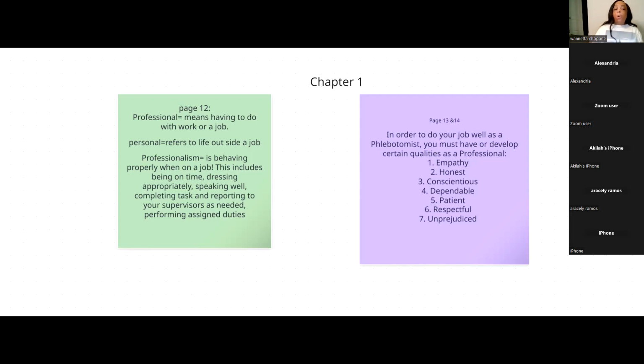All right. So different qualities of being professional: showing empathy, being honest, being conscientious, being dependable, being patient, respectful, and unprejudiced. Hopefully that was all well said and understood. Again, it's on pages 12, 13, and 14 of your book, which is chapter 1.